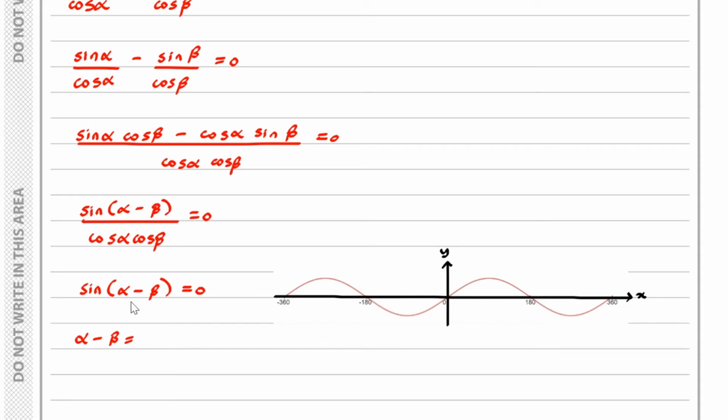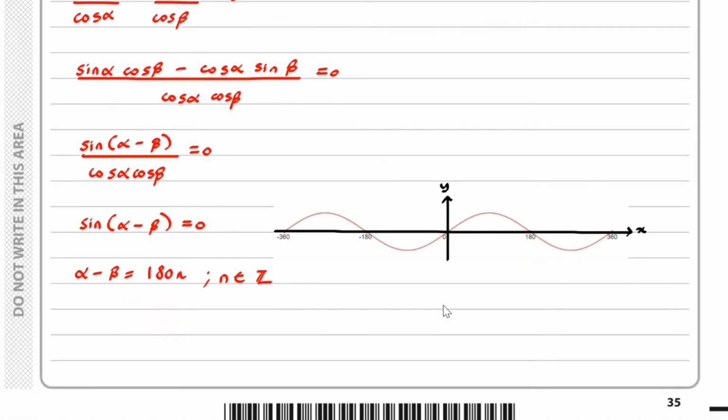And you'll notice each time sine of something equals 0 for 180 lots of n, okay? That makes sense. So no matter what values of n I choose, provided n is an integer, sine of something will always be 0, okay? Provided n is an integer.